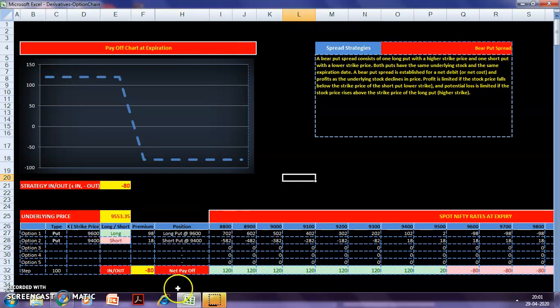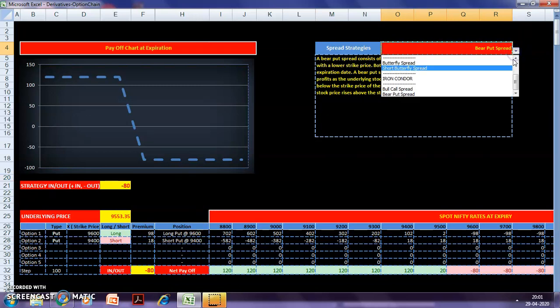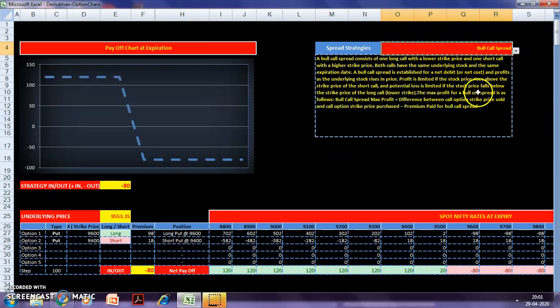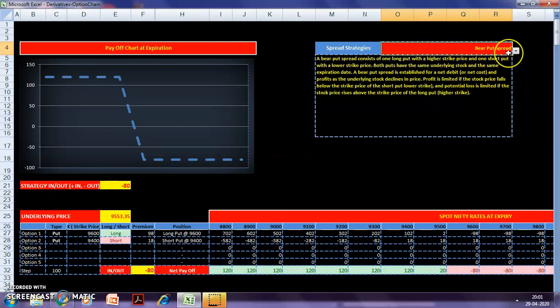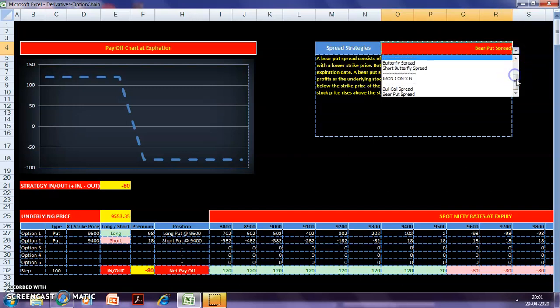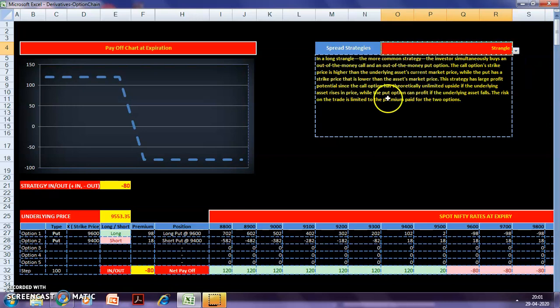You can see the maximum profit again is the difference between the strike prices minus the premium paid. So when you expect the market to increase only marginally, you take a bull call spread. When you expect the market to decrease only marginally, you take a bear put spread. So that's about it, and then we can look at other strategies also.